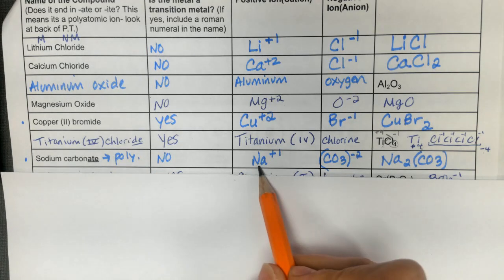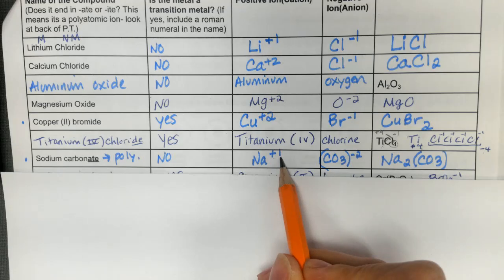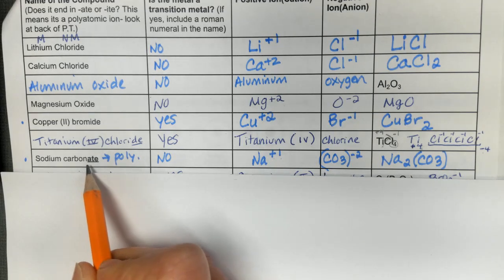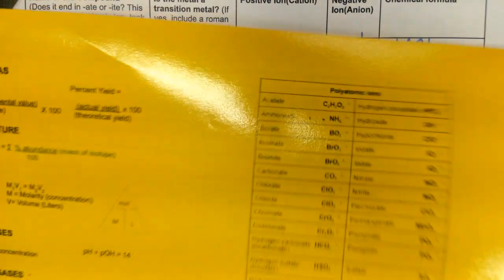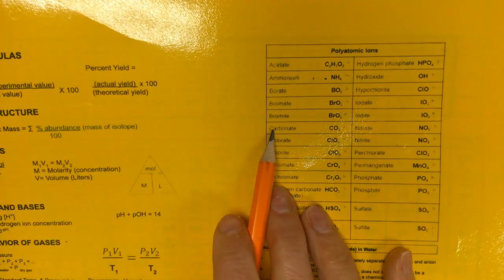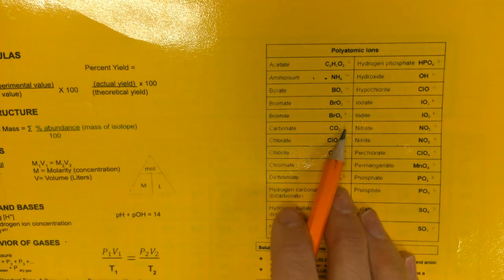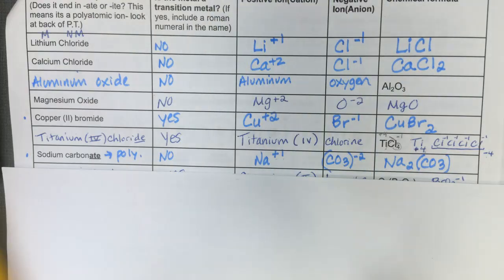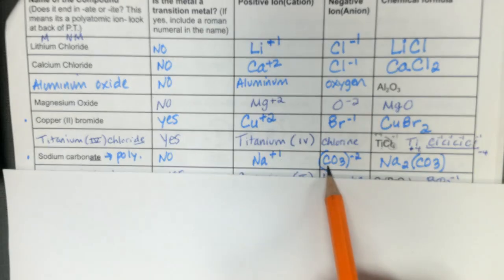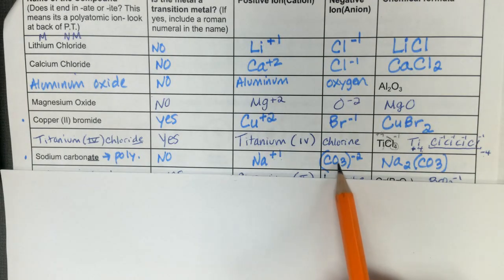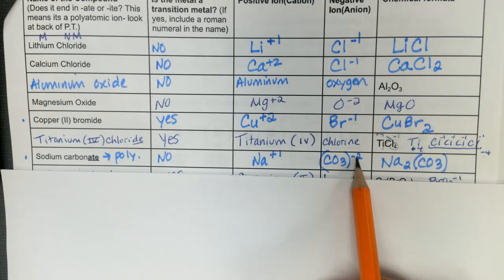So I'm going to look up the symbol for sodium. It's +1. I'm going to find carbonate on the back of my periodic table, which is right here, CO3 -2. I'm going to put it in parentheses. That way I'm not going to move that 3. So it's going to be CO3 -2.